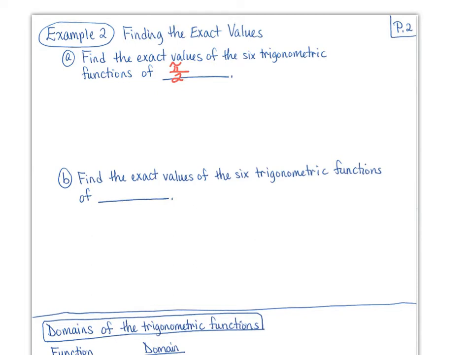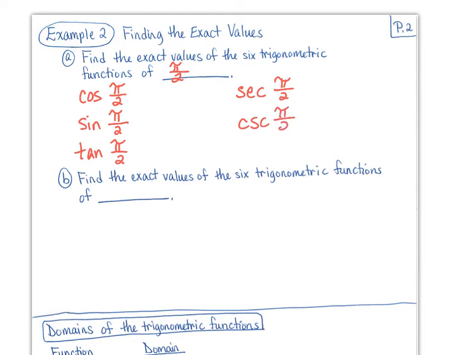So I'm asking you to find cosine of pi halves, sine of pi halves, tangent of pi halves, secant of pi halves, cosecant of pi halves, and cotangent of pi halves.